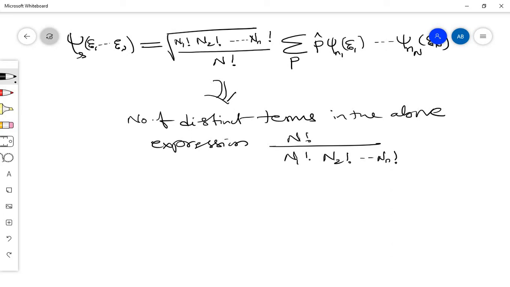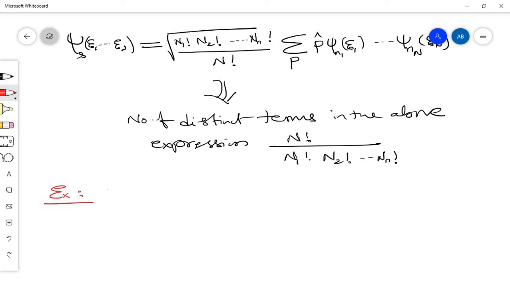Okay. So let us take an example, then you can understand very easily. 3 identical bosons. Obviously, no need to write for the fermions, because once they are equal, two columns will become the same, and the antisymmetric wave function will be 0.